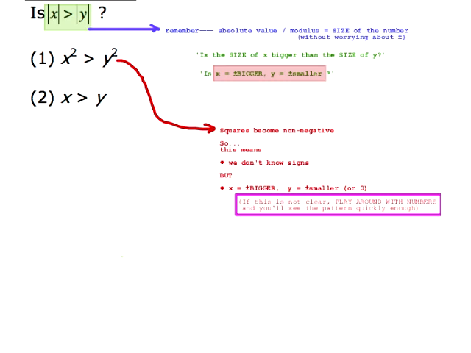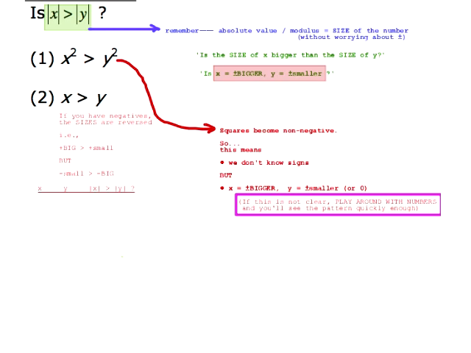Statement 2, the problem is, if you have negatives, the sizes are reversed. Positive big is greater than positive small, but negative small is actually greater than negative big. If this is too abstract, you can just generate numbers and test cases, throw them into that question and see.